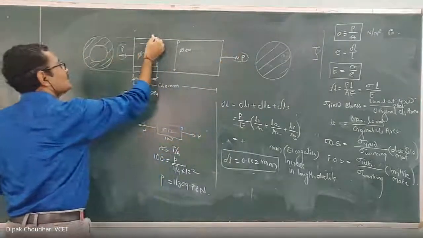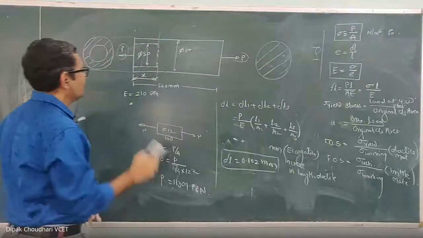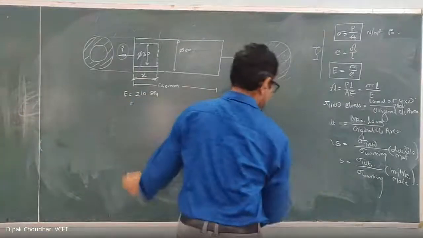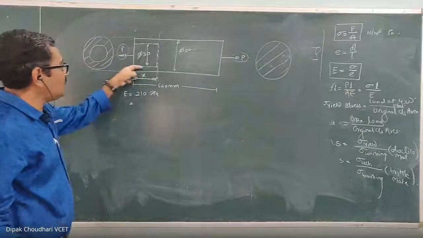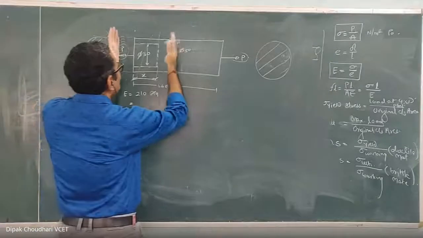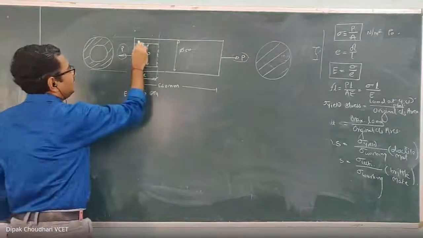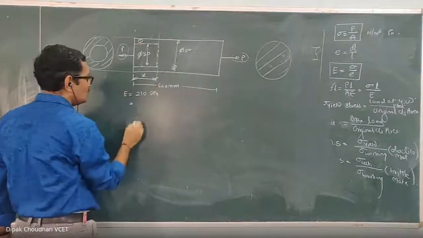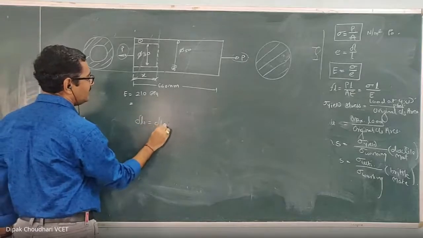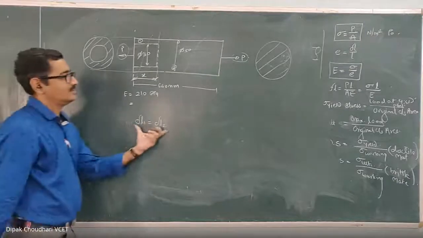If you consider the axial force on the first part, it is P. On the second part, it is also P. So you have to find the depth of this drill hole x such that for any axial force, the deformation of the hollow part equals the deformation of the solid part. If I consider this as 1 and this as 2, I have to calculate x such that delta L1 equals delta L2. Have you understood this condition?